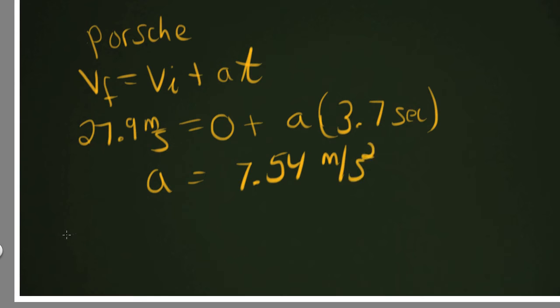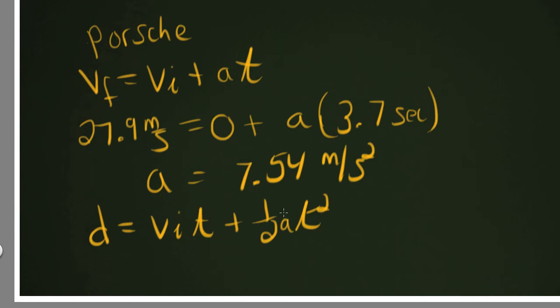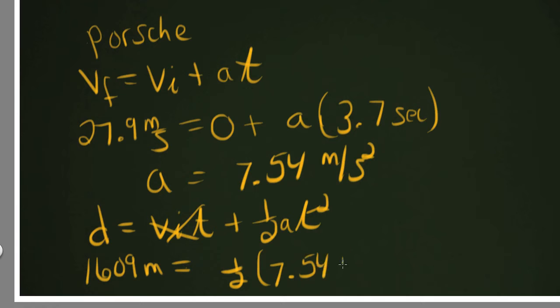Now I can take that and plug it into the distance equation, Vi t plus 1/2 a t squared. What's great about this again is that our initial velocity is 0. So we have 1609 meters, that would be 1 mile, equals 1/2 times 7.54 meters per second squared times t squared.